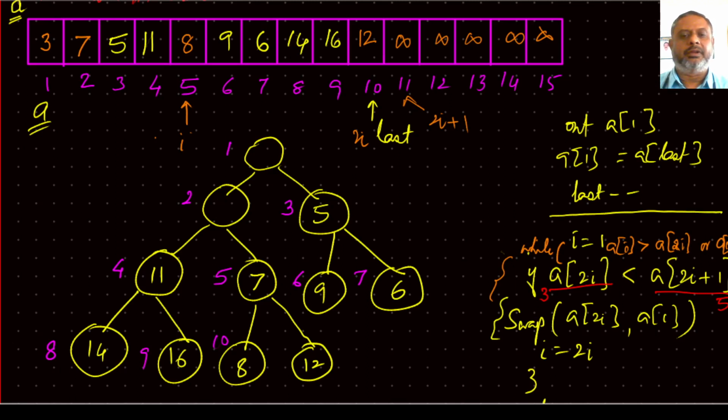Then 3 has changed its place, 7 has changed its place, 8 has changed its place, and this is no more remaining. So what has happened? 3 has come here, 7 has come here, then 8 has come at 5th place, and 12 has come at 10th place, and after that you don't have anything.